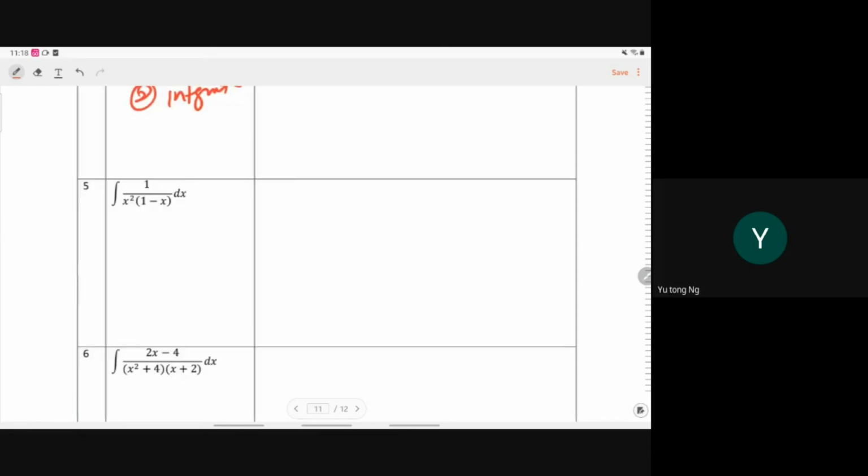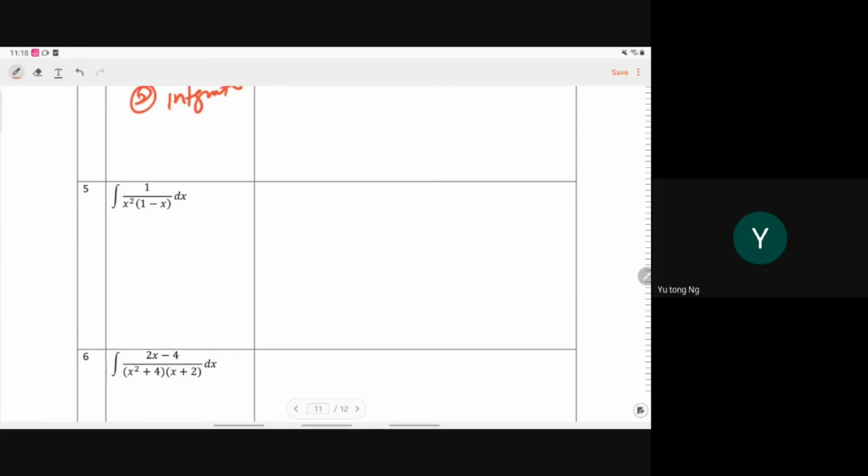Okay, sama juga. Cuma yang ini you have to alert lah. Bila dia ada x square dekat bottom ni, you punya partial fraction tadi dah tak sama macam tu. Okay, so teacher tunjuk cari jap dekat dalam buku teks muka surat berapa. So you can refer A over 1 minus x plus (Bx plus C) over x square.